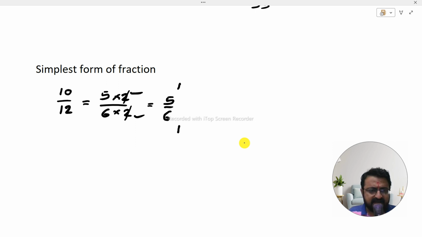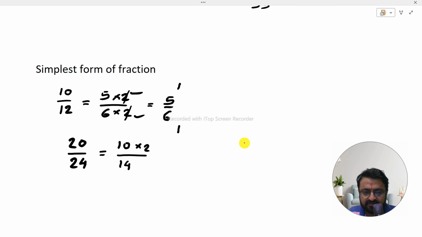See, let me take another example. Suppose somebody writes, sir, 20 by 24. Now, suppose a student gets factors like, sir, 10 2s are 20, and by mistake, I wrote 14, sorry, it is not 14. So now I can write, sir, 12 2s are 24. So I can cut 2 and 2.